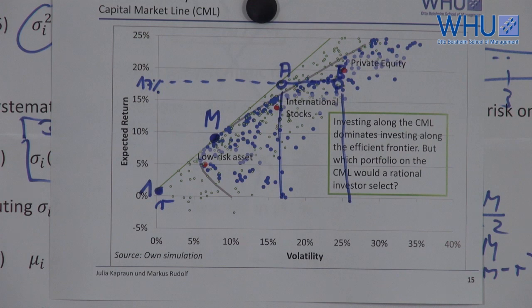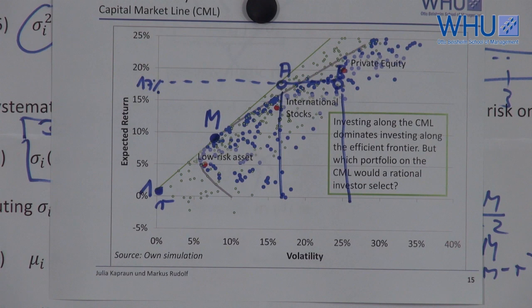The gray line here is the boundary line of the blue cloud of points. The gray line, as you know, is the efficient frontier as it was developed by Harry Markowitz. The green line is also a kind of efficient frontier, but we don't call it an efficient frontier. We call it the capital market line. The capital market line is a concept developed by James Tobin in his 1958 seminal paper.